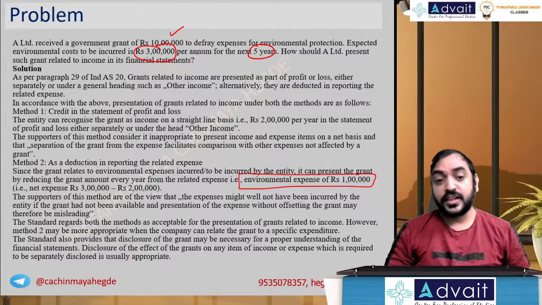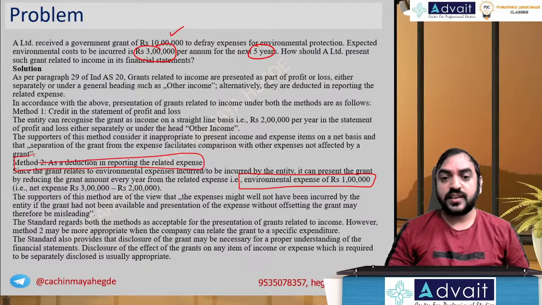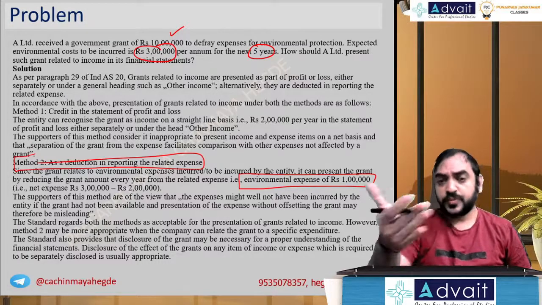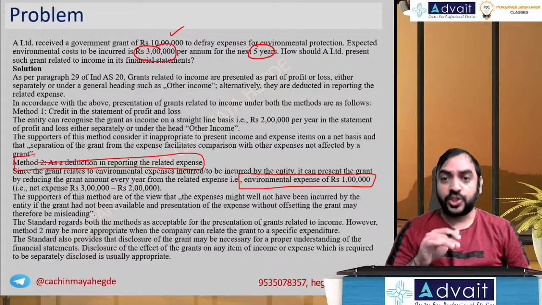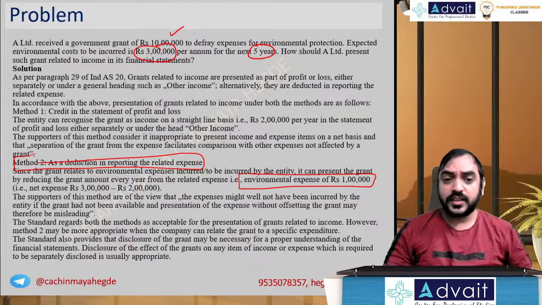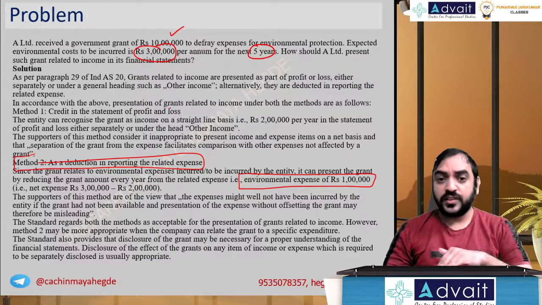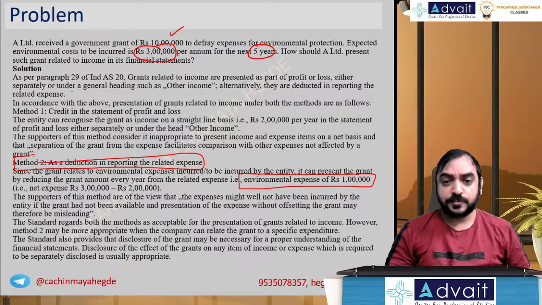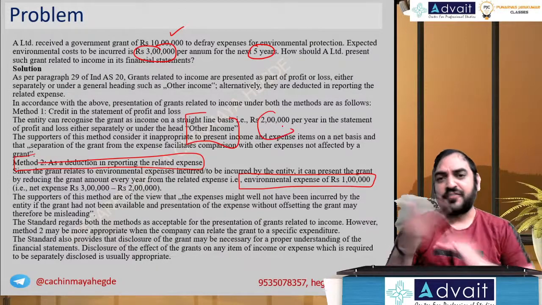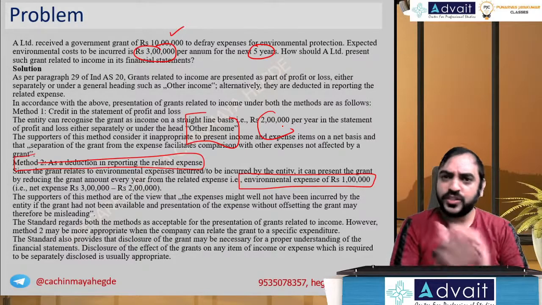That is method 2 actually. So 3 lakh is the expense incurred, 2 lakh is the government grant apportioned, net amount expense 1 lakh. That is one method. The other method is you show on the expense side 3 lakh, and on the credit side as other income 2 lakh. Effectively the net impact on the P&L account is 1 lakh only.